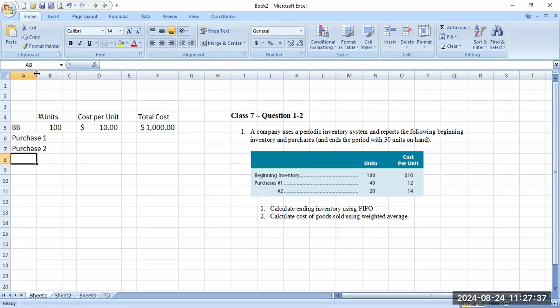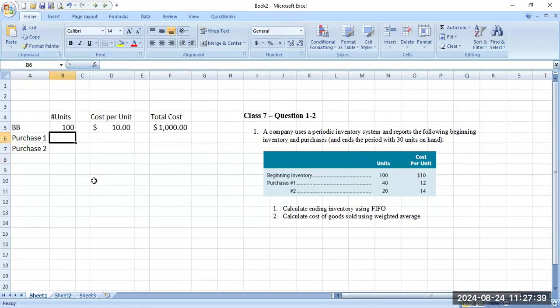In purchase one, we purchase 40 units at $12 per unit. That's going to give us $480. And then we purchase another 20 units at $14 per unit. And that's going to give us a total of $280.